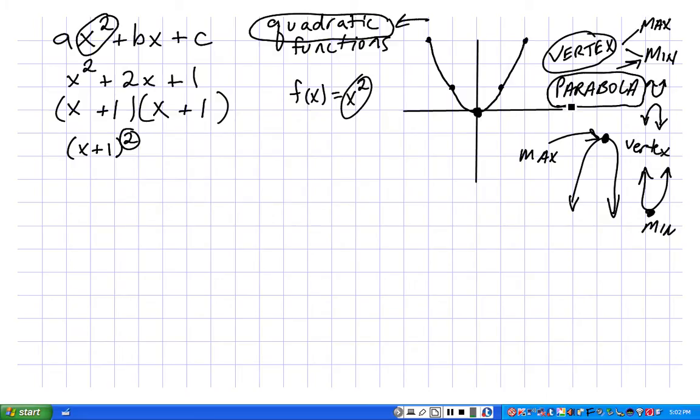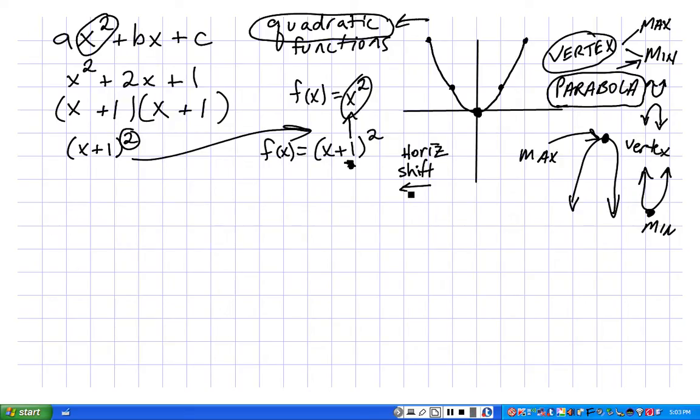Now as it relates to transformations, we said if we take this x plus 1 that we got over here, so now let's say f of x equals x plus 1 squared, the fact that we're adding this plus 1 to our initial function is going to have a horizontal impact, which is going to result in a horizontal shift to the left.